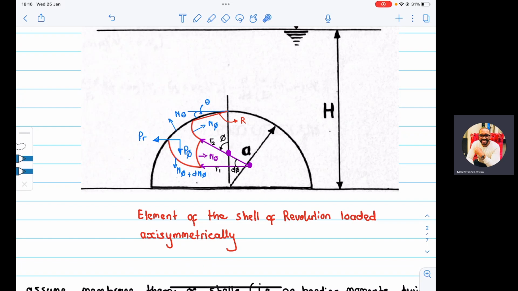Whereas R2 is the second principal radius of curvature of the shell mid-surface, given by the distance between the point in question and the intersection of the normal to the shell mid-surface at that point. So it's basically that distance between here for R2, and then R1 is the distance between that point and that point.